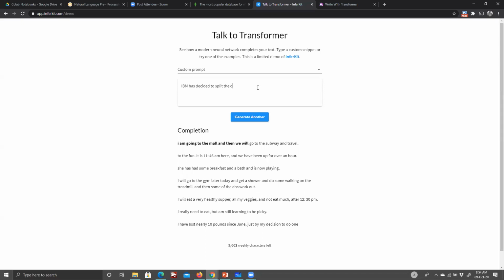Split the company into two factions in order to focus on cloud technologies. Let's see if this works.